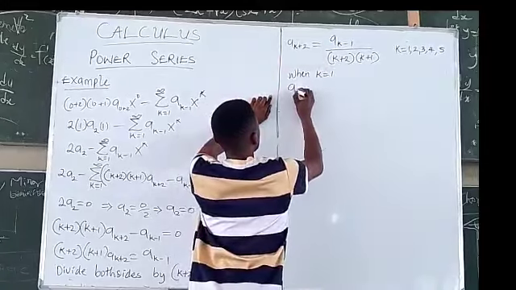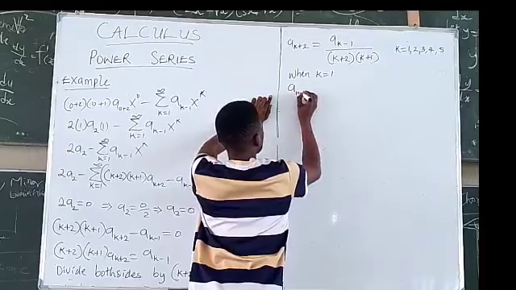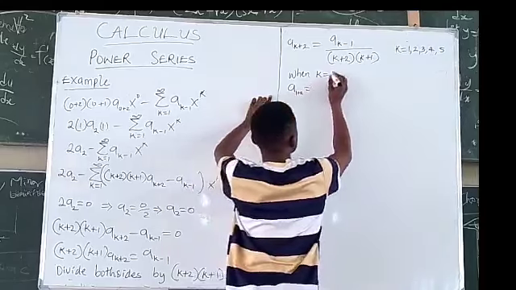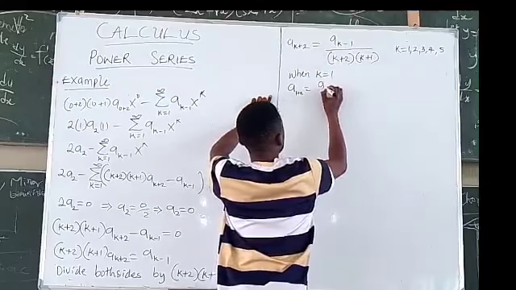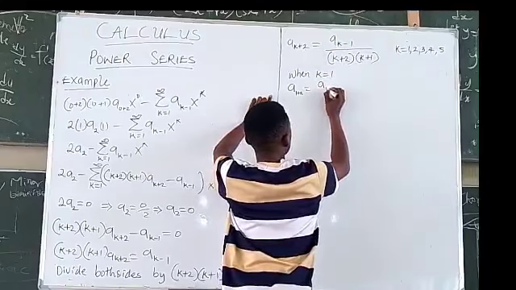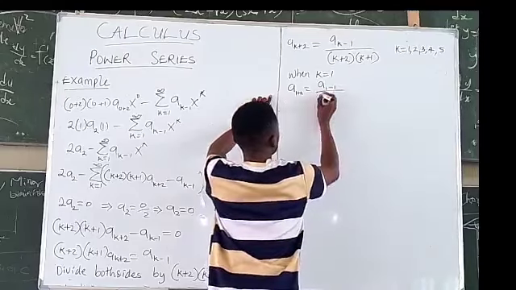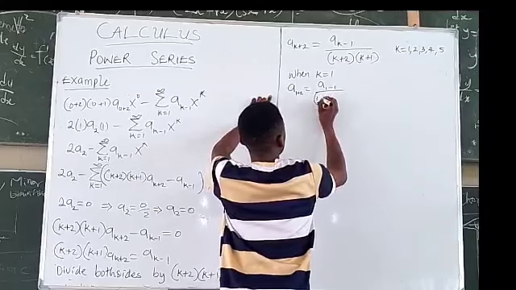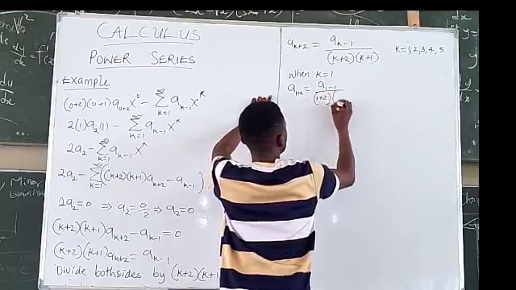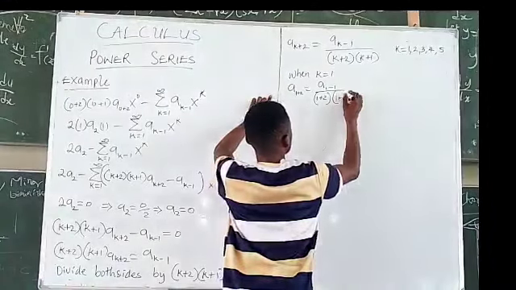So we get a1 plus 2 is equal to a1 minus 1, all over 1 plus 2, 1 plus 1.